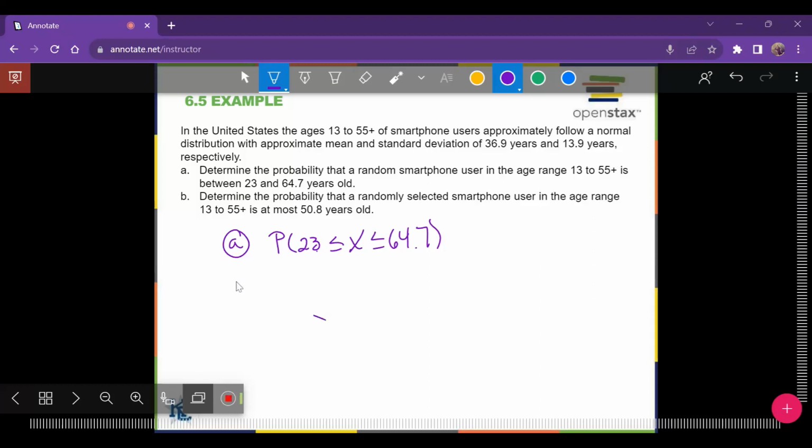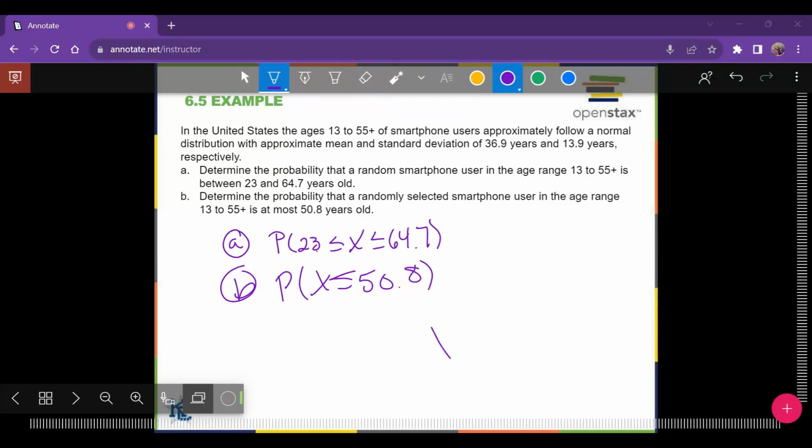So then the probability here is that x is at most 50.8, so x is less than or equal to 50.8. So those are the functions we're going to do also. So let's run on over.